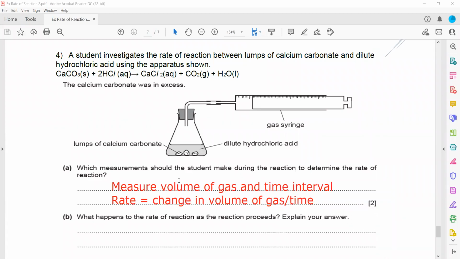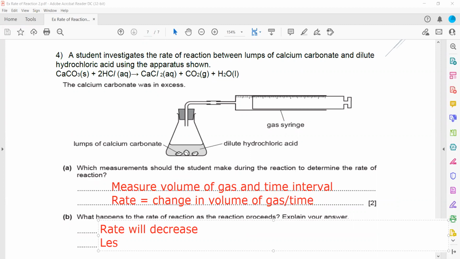What happens to the rate of a reaction as a reaction proceeds? So the rate of reaction always decreases. The rate in the beginning will be faster, but the rate will decrease. And what is the reason why the rate of the reaction decreases? Because the number of reactant particles decreases.